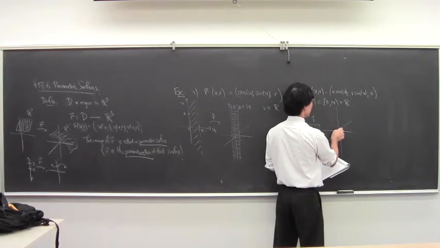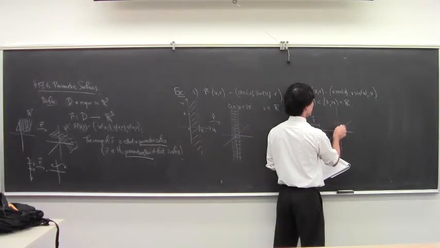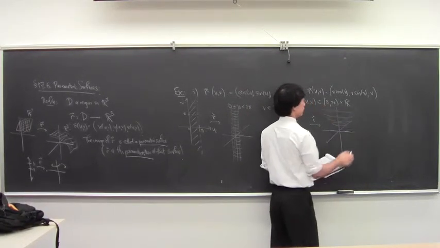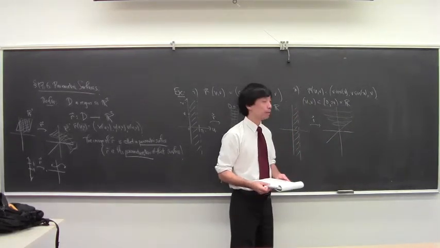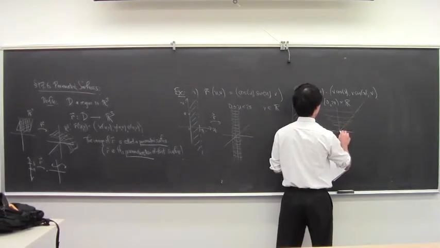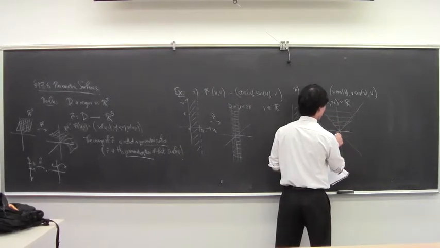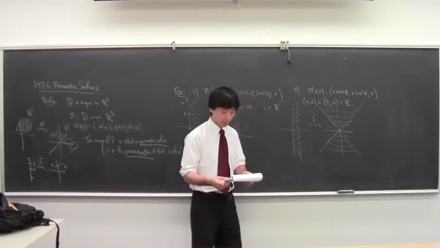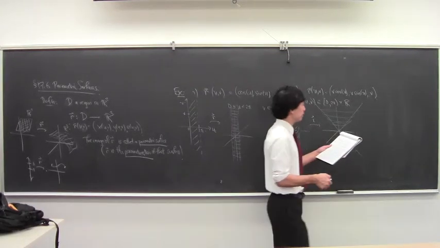And so you just get a bunch of circles where the radius of the circle is the same thing as the height. So if I'm here, the radius is going to be that. Radius and height should be the same. So you got this cone going down as well. So this is again a parametrization of this surface.